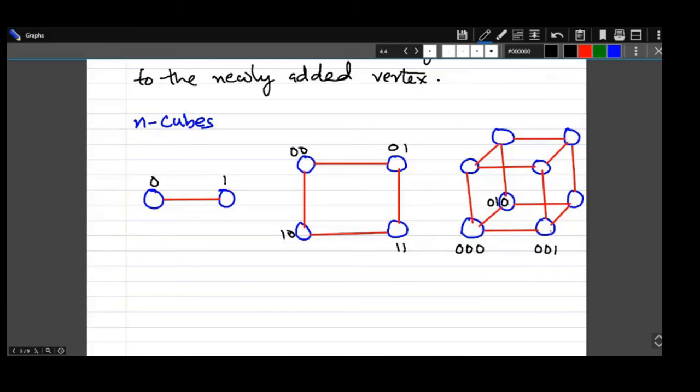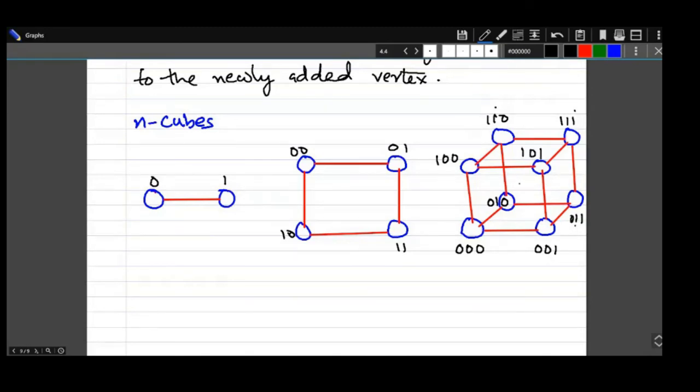Second bit is differing: 0 1 0. Okay, and this is 1 0 0, first bit is differing. First, second, third. Then 1 1 0, so this bit is differing. Then you have 1 1 1, last bit is differing. This is 1 1 0, 0 1 0, so only the first bit is differing, and this is going to be 0 1 1. So this is going to be the middle bit, and this is going to be 1 0 1.